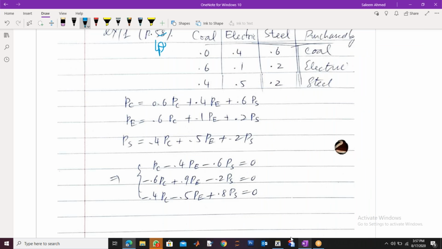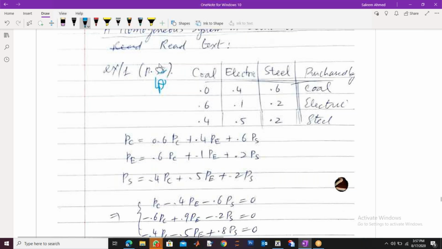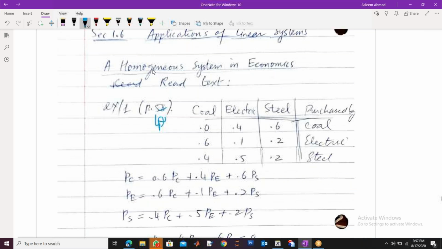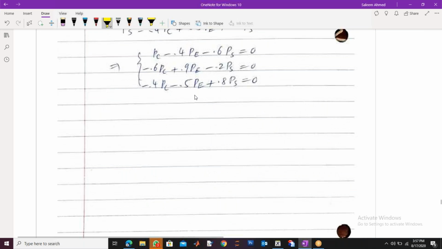You see? A homogeneous system in economics. So I got this system, and now how to solve it? We can make the augmented matrix and find the solution. There is definitely a zero solution, because if I write the matrix form, it becomes AX equal to 0.